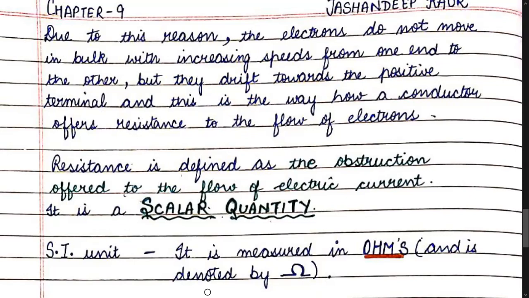And this is the way how a conductor offers resistance to the flow of electrons. As studied above also, resistance is defined as the obstruction offered to the flow of electric current, and it is a scalar quantity. Resistance is a scalar quantity.